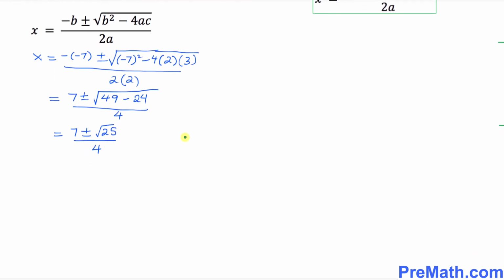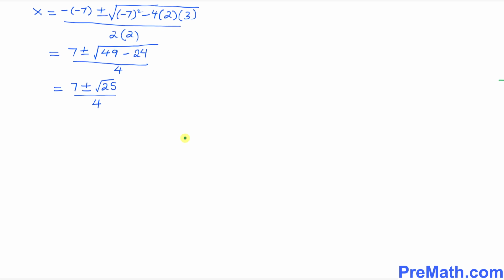In the next step, we're going to split up these positive and negative signs. So the first part is going to be 7 plus, by the way, the square root of 25 is simply 5. So I can put down 5 divided by 4. The other one is going to be 7 minus the square root of 25, which is 5, divided by 4.